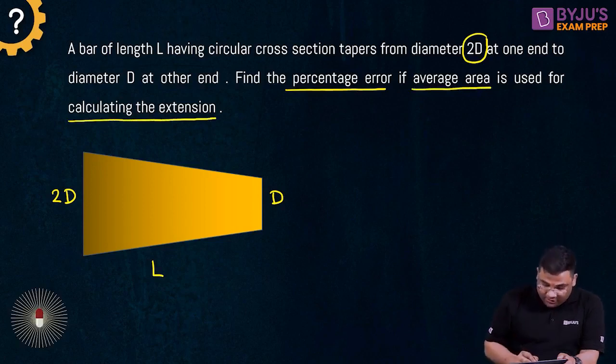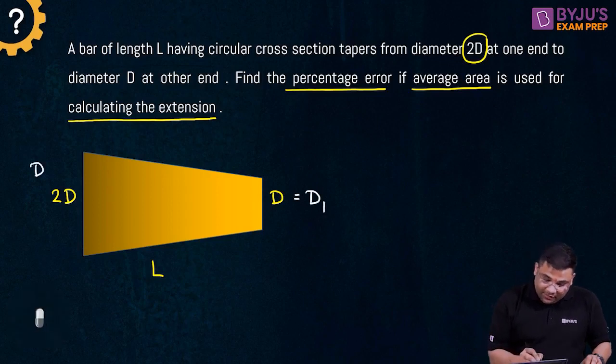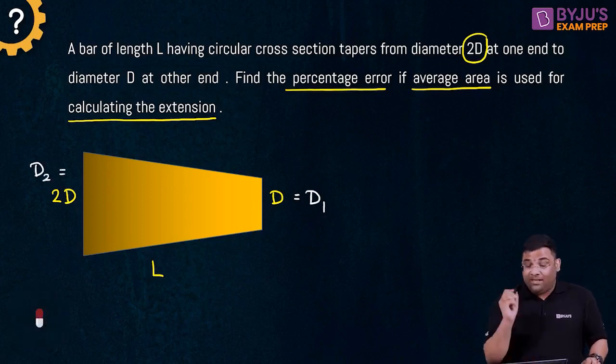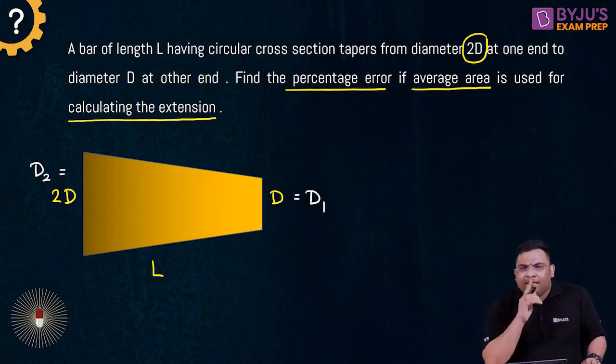Now this particular question is asked a lot in many examinations, so we'll have a generalized equation. Suppose this is D1 and this is D2. Now what is asked? Find the percentage error if average area is considered. If average area is considered, I will consider the average diameter, right?